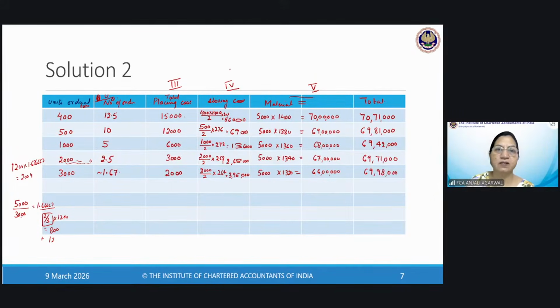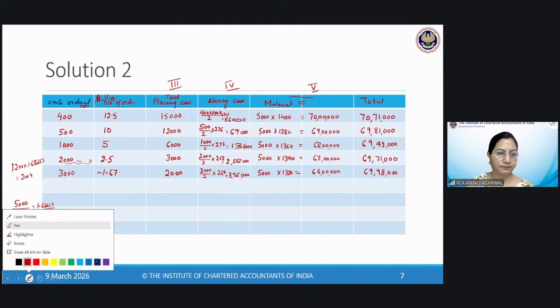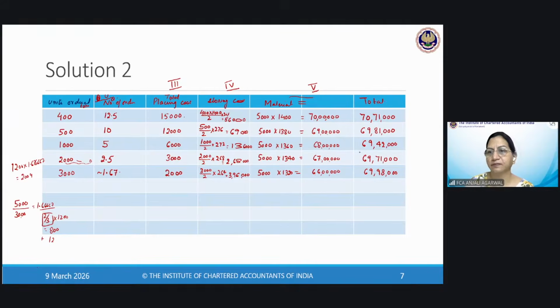So which one is the least cost here? 69 lakh 42,000 is the least cost. So we are going to place an order for 1,000 units at a time, and we are going to place 5 orders, which means the raw material will cost us 1,360.